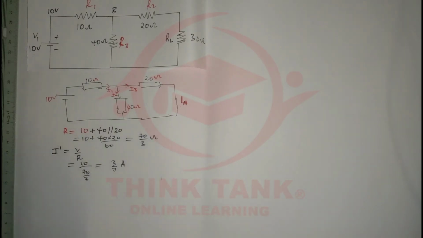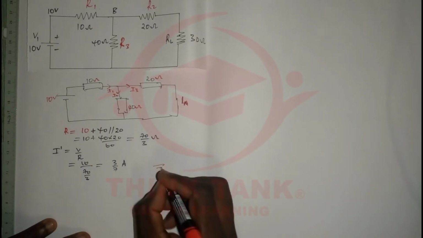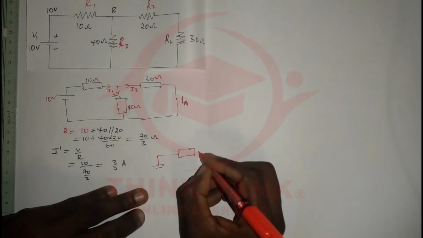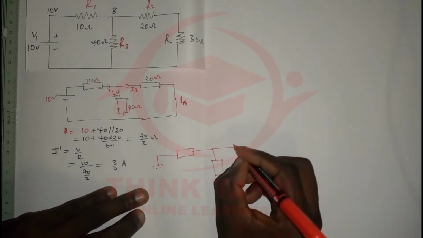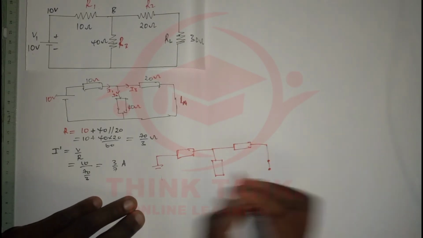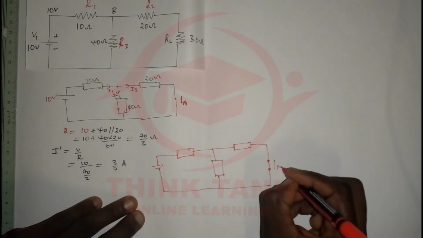Let me draw another circuit right here to show you. We have 10 here, the voltage source, and we have this resistor, this resistor, and this resistor, and here we have the Norton current.